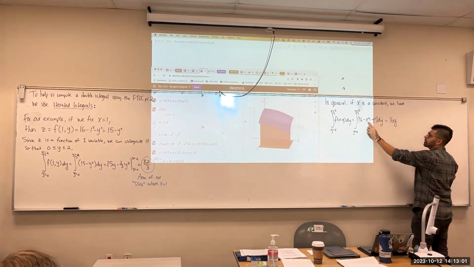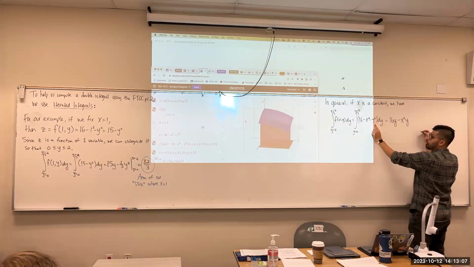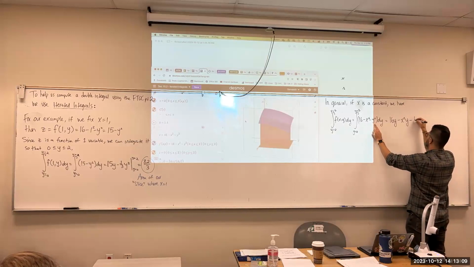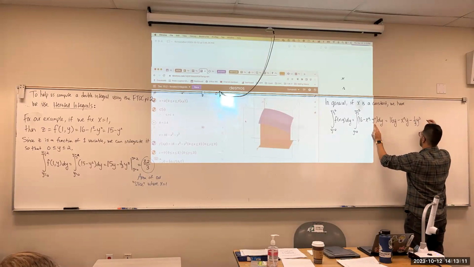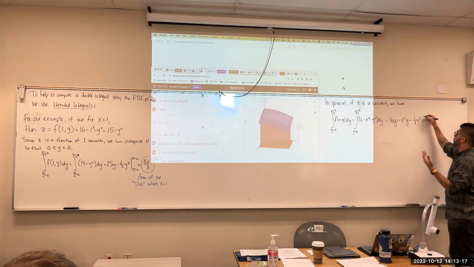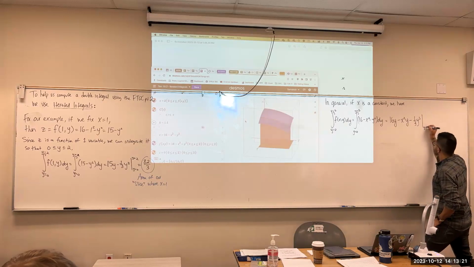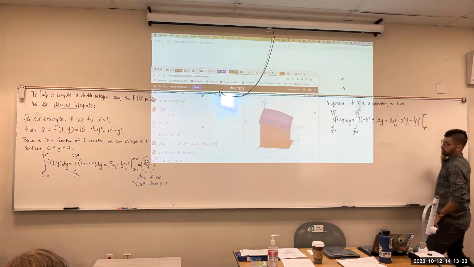What's the antiderivative of this constant with respect to y? Minus x squared y. And y with respect to y? Okay, there it is. And then we have to plug in the endpoints, but here you have to be specific. I'm plugging in the endpoints for the y coordinate.